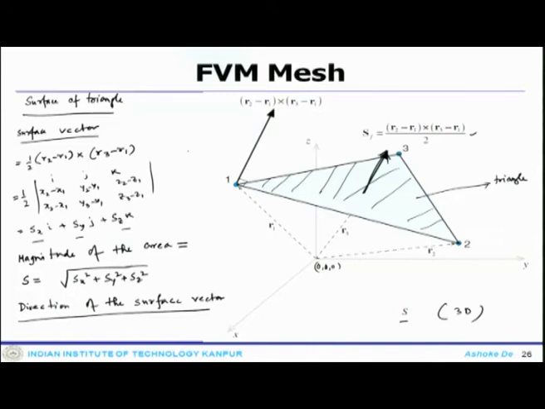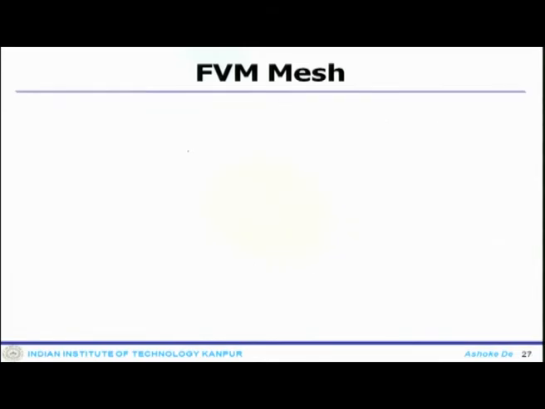Now, to find that out, one has to get the dot product of this vector, that means the SF surface vector, with the position vector.